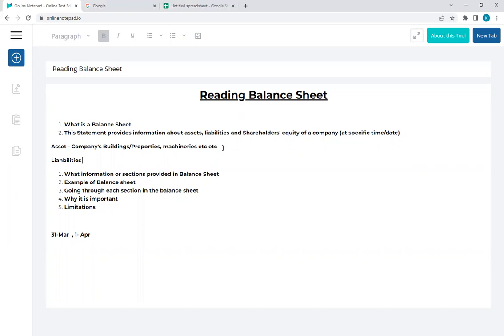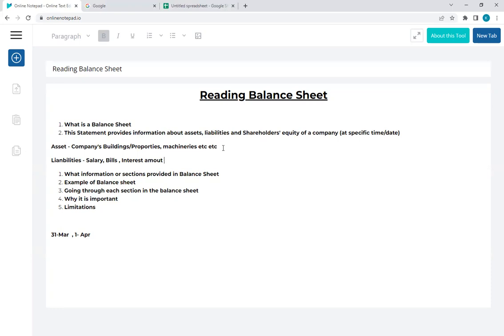Liabilities, in simple terms, are the amount or money which the company pays as salary, or bills it has to pay, or interest on the loans they have taken.